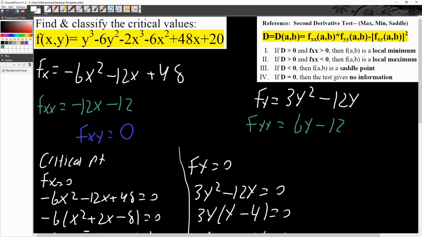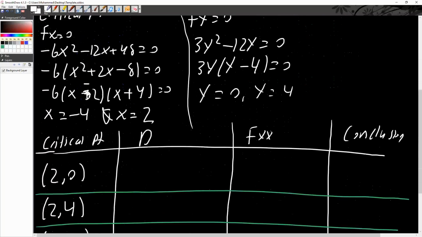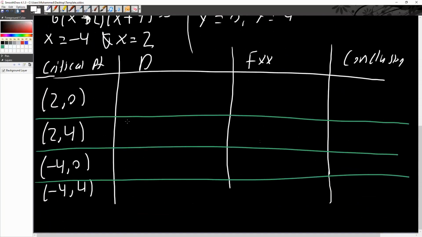And we subtract fxy squared. fxy is 0, so 0 squared. So let's write this down. So for this problem, we had negative 36 times negative 12 minus 0 squared. This term right here would be negative times negative is positive, so it would be greater than 0.